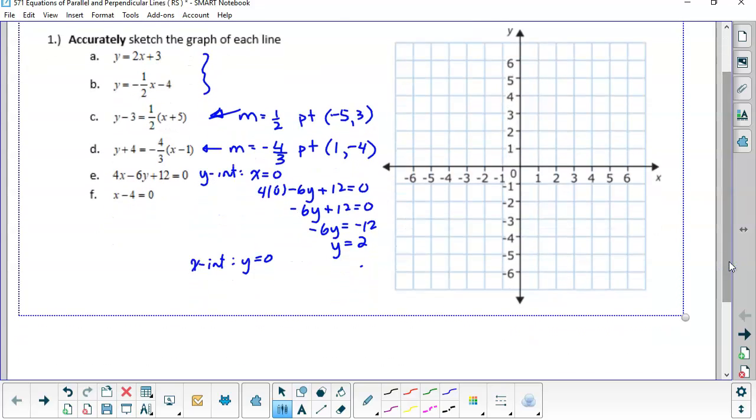Often when it's in this general form, we graph it using the intercepts. So now I'll have 4x minus 6 times 0 plus 12. That goes away, and so I'll get 4x equals -12, so x equals -3. So now I have my x-intercept and my y-intercept.